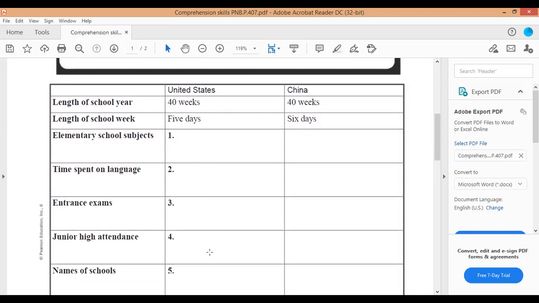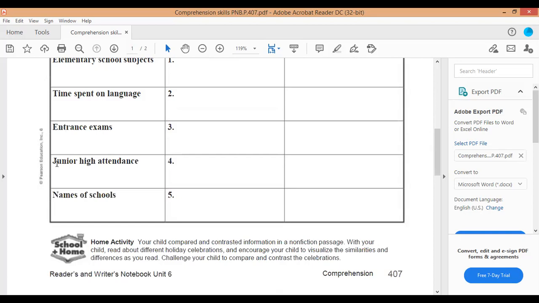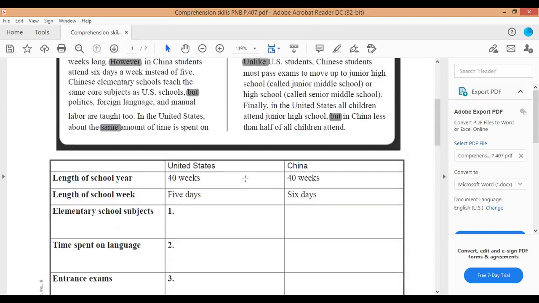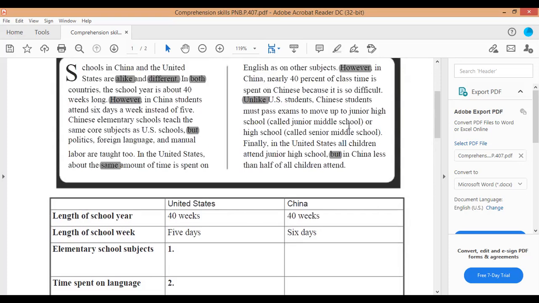Junior high attendance. Yes, what is the difference for junior high attendance in China and the United States? In the United States, he said what? All children attend junior high school. But for China, he said what? But in China, less than half of all children attend.